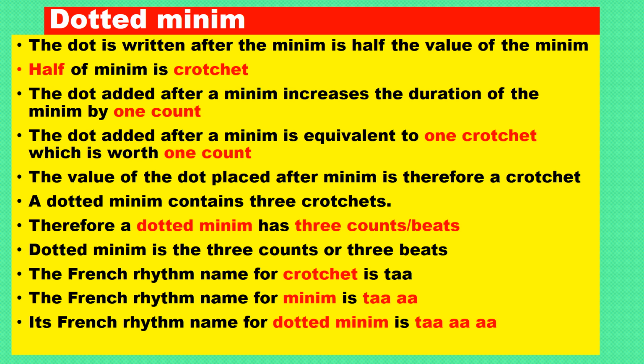Then the French rhythm for a crotchet is ta. You just clap once. Now the French rhythm name for dotted minim, which has 3 counts: I clap once, then I prolong, ta-a-a. You just count 3. Those are the 3 counts.